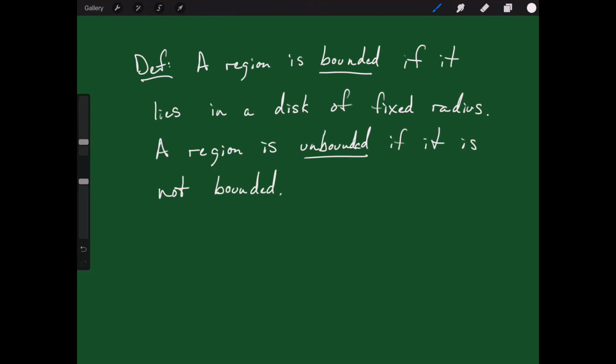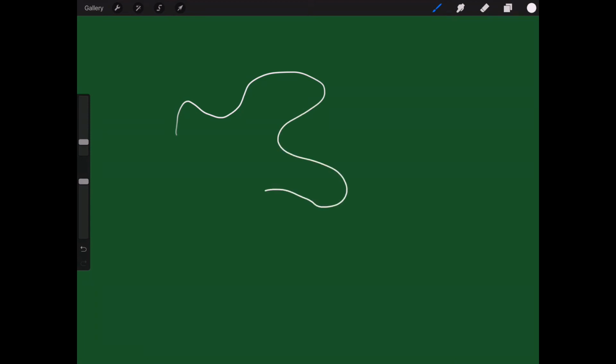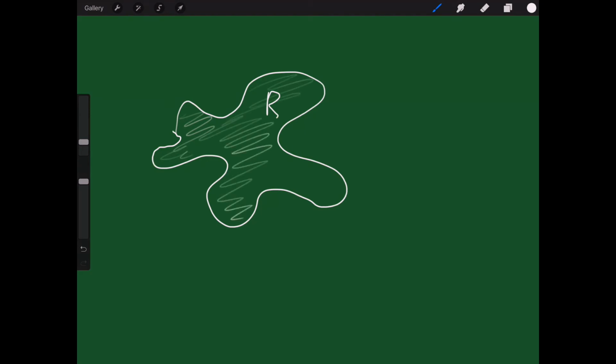So what do we mean by a bounded region or an unbounded region? Well, it's pretty simple. Let's draw a bounded region. Let's say I have some blob region here. Let's call this region R, and let's say that it contains its interior points.